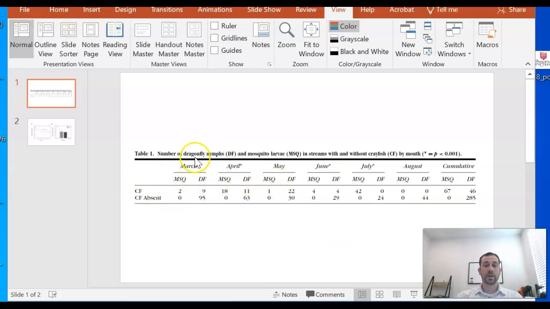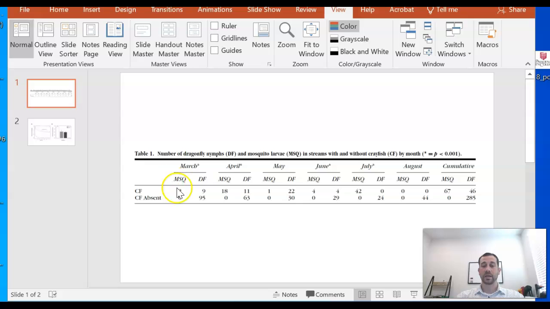So, looking at March, let's just digest this by itself to start. If you have crayfish, they found in those streams in that month that they only collected 2 mosquito larvae and 2 dragonfly nymphs. Okay?